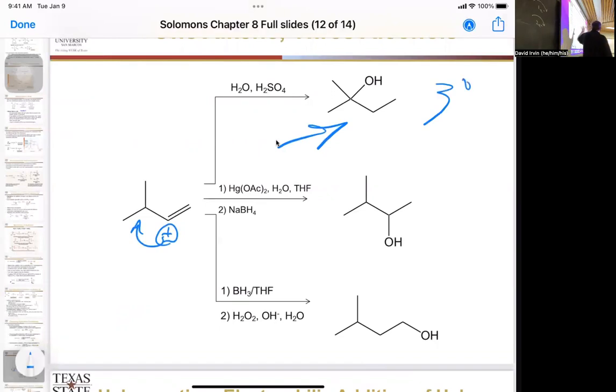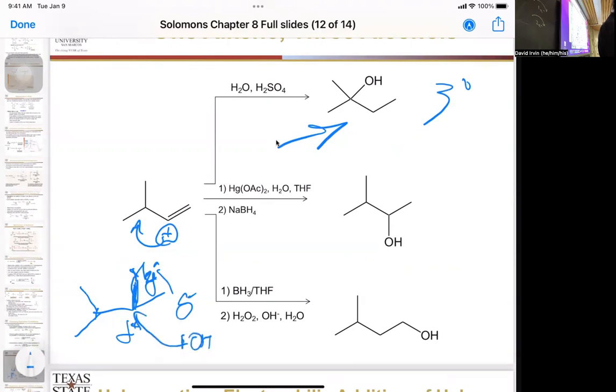But when we do the oxymercuration-demercuration, our intermediate is a little different, because we lose the double bond here and we add mercury here. Because this is the more substituted side, this is partially positive, this is partially negative, and we have our OH come in and react on this side.